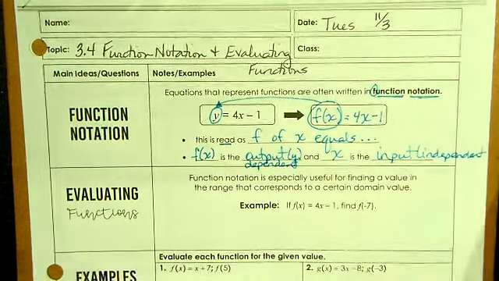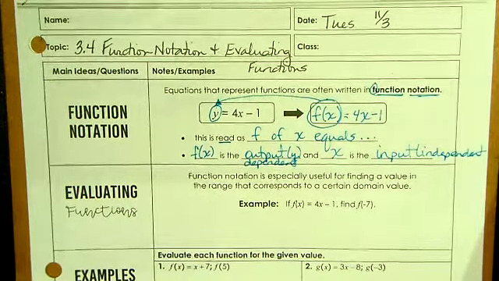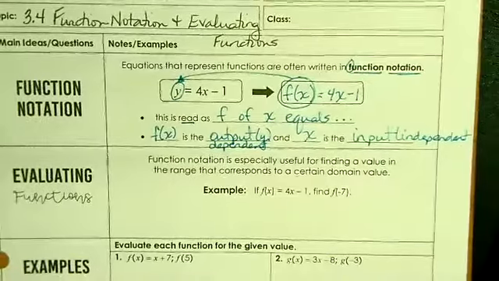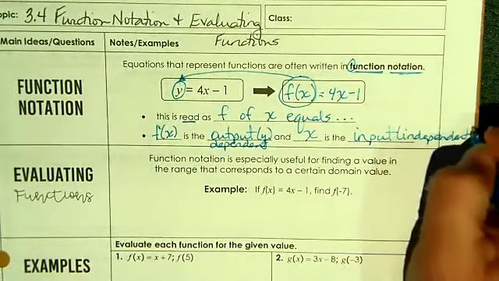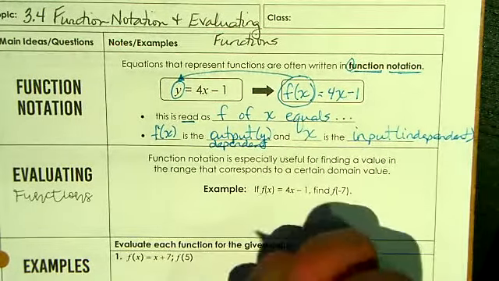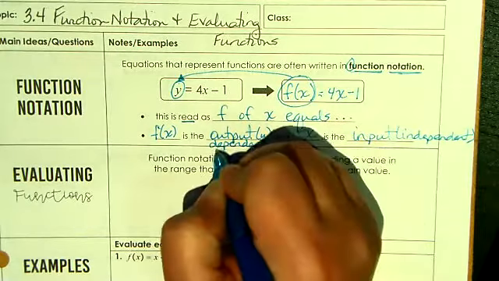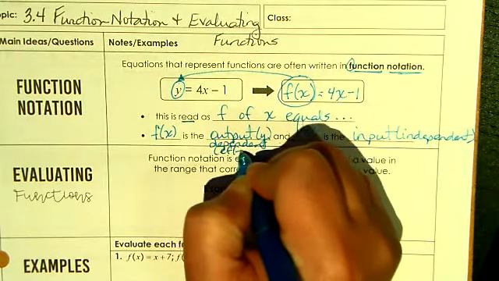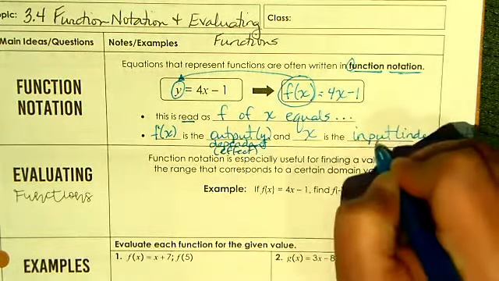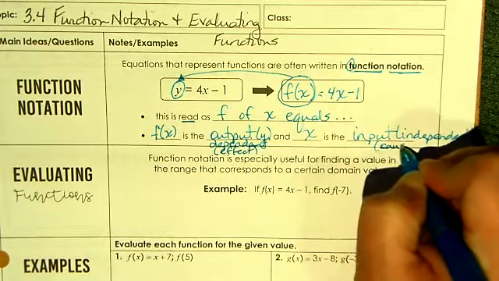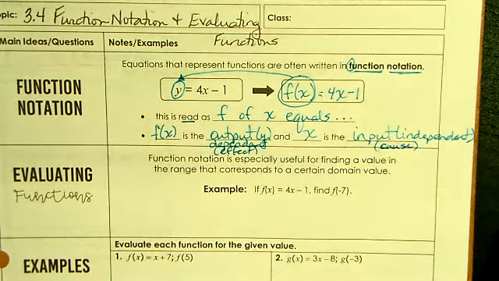You might remember from the end of last year, we talked about all these words that meant the same thing: output, dependent, effect, and input, independent, cause.